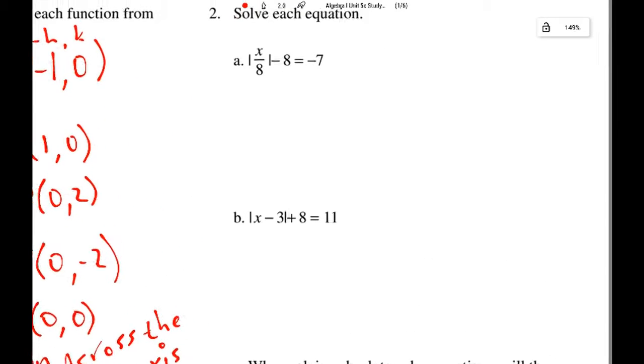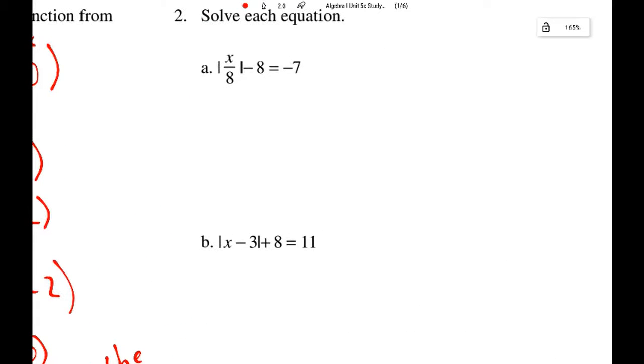All right, number 2, solve each equation. So let's get the box, the absolute value, all by himself. So let's get rid of a minus 8. How do you get rid of a minus 8? You plus 8. And just make sure what you do to one side, you do to the other. Then you're going to get everything in the box all by itself.